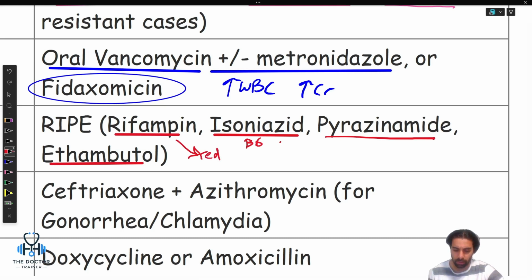Isoniazid can cause neuropathy, so neuropathy and elevated LFTs or hepatitis. The neuropathy you try to prevent by giving B6. Pyrazinamide, I think of gout. And then ethambutol, because it starts with an E, I think of the eye. So you can have eye findings in ethambutol.